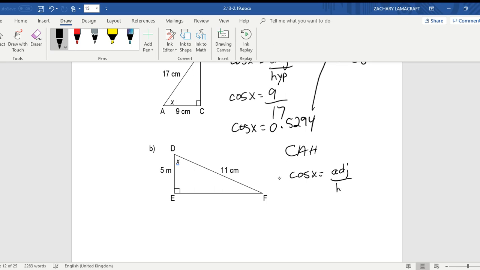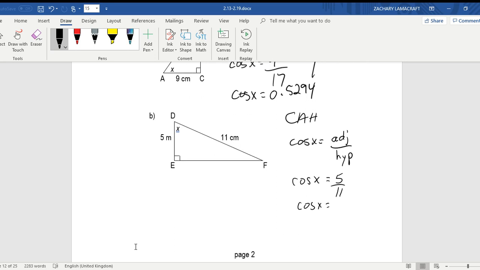With adjacent over hypotenuse. Can somebody tell me the two numbers I would be dividing in the chat, please? Okay, so 5 over 11. So cos x would be equal to, should be getting 0.4545.